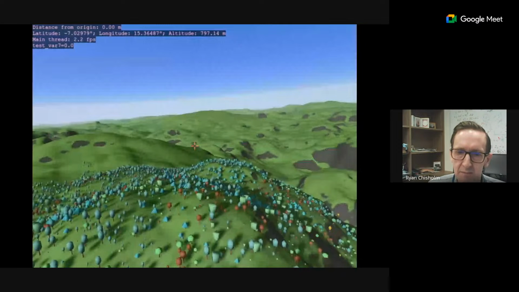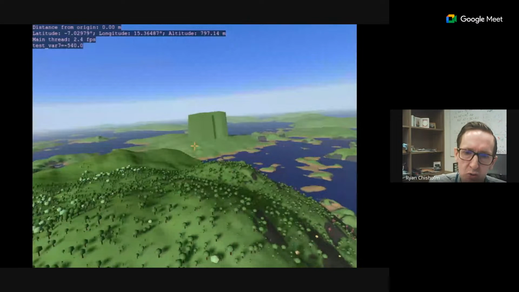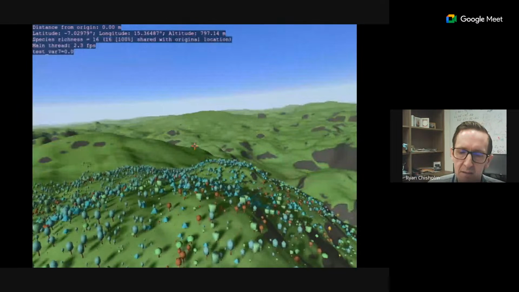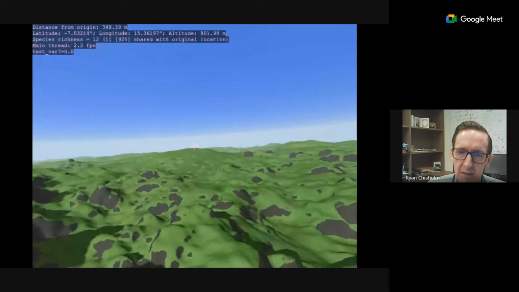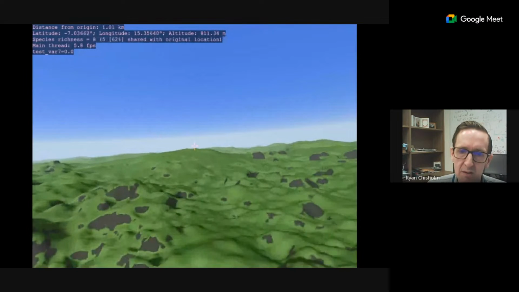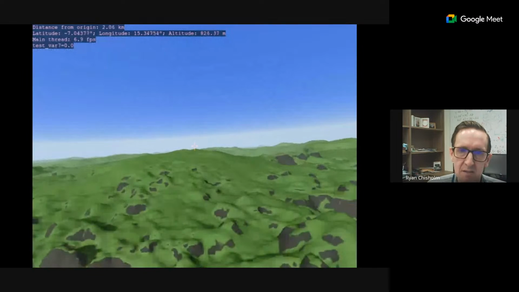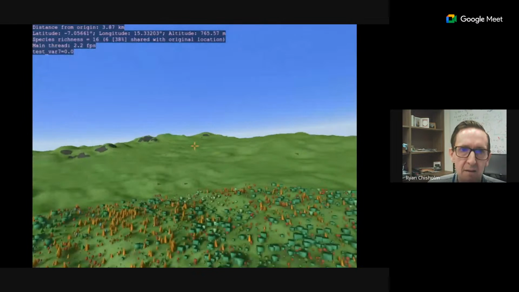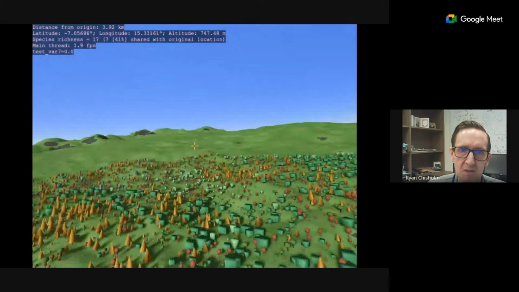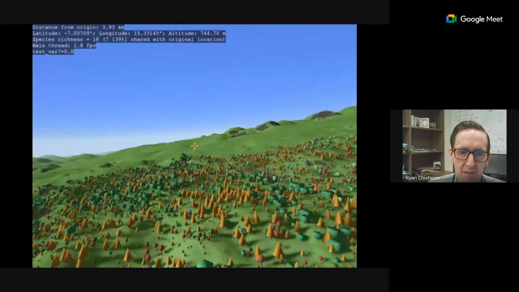I just want to run a slightly different version of this, where now I have 2 patches that I'm not subsiding. Before I do the subsiding, those 2 areas are connected to some degree, so they share some species in common. So if I go to the second area, I share 7 out of my 17 species with the original location. They're 4 kilometers away.